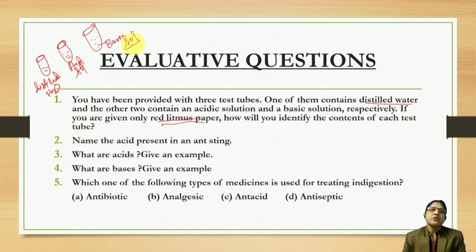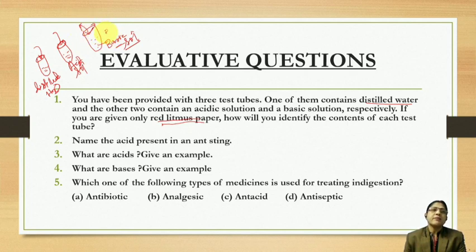As you know, red litmus turns blue in basic solution. So that litmus paper we will dip in the test tube containing distilled water, then the test tube containing acid solution and the test tube containing basic solution.